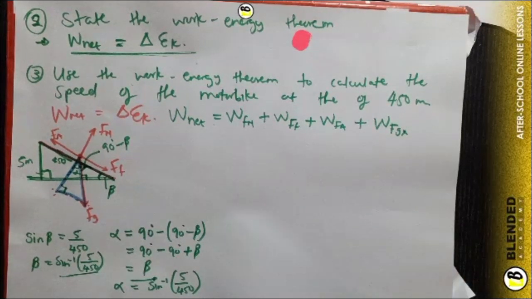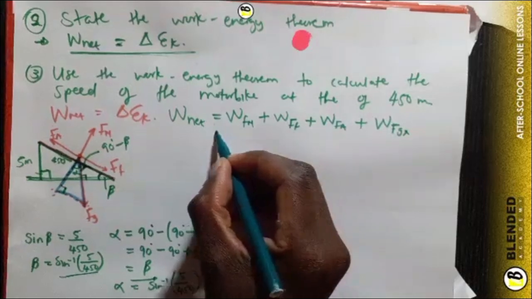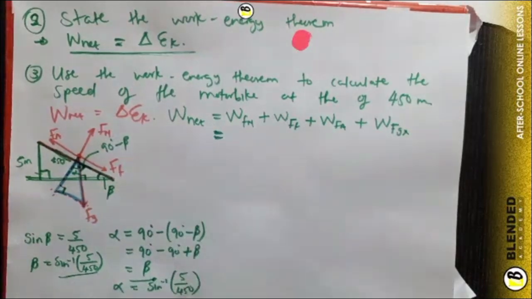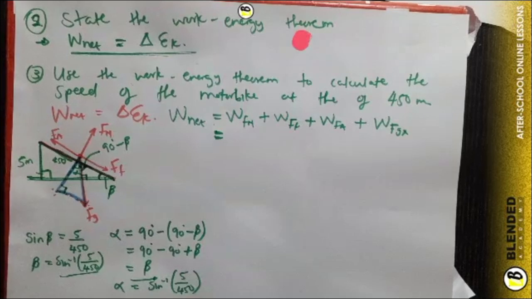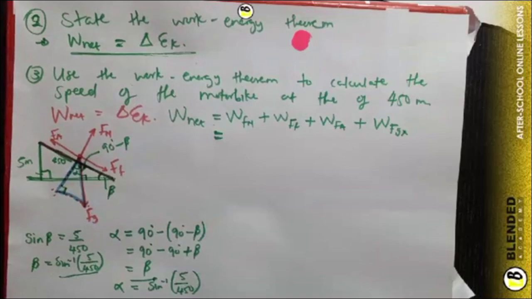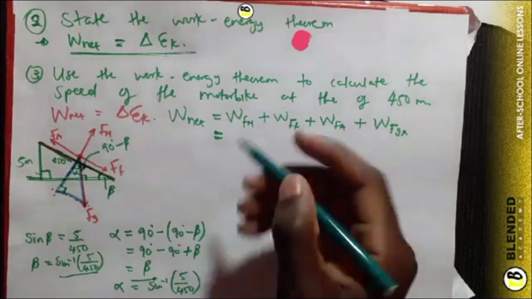Good. So now from there, we need to find the work done, or the net work done. Going back to this equation that we have, the work done by the net force, that's the net work done. Remember, the work done by your normal force is 0 joules.